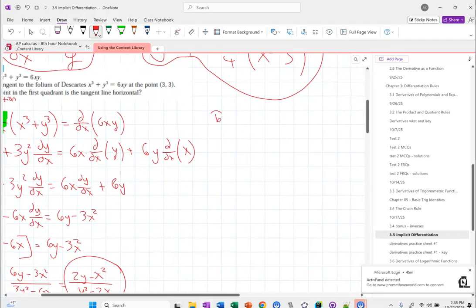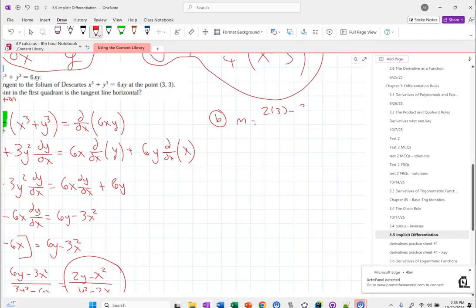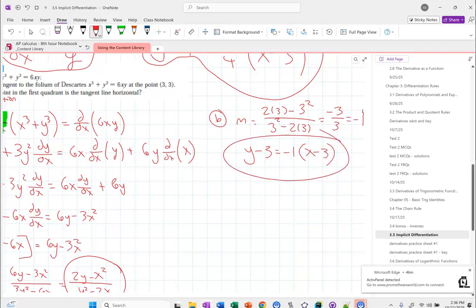Okay. Part B says find the tangent at the point (3, 3). So we have plugging in. My slope is going to be 2 times 3 minus 3 squared over 3 squared minus 2 times 3. 6 minus 9, over 9 minus 6.